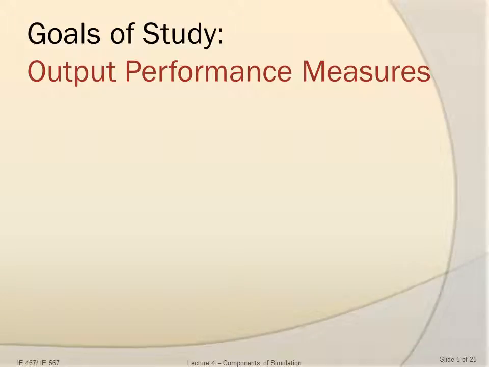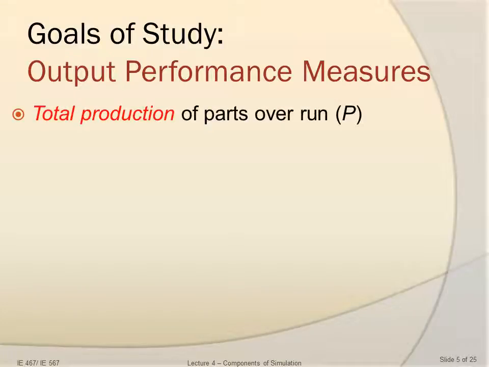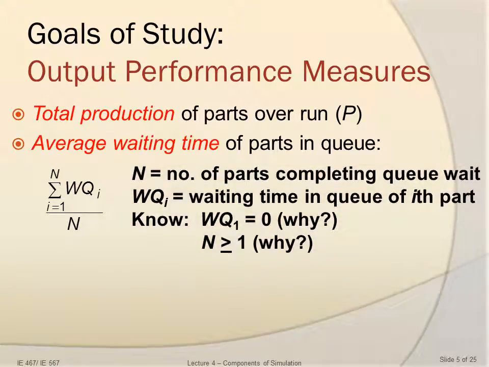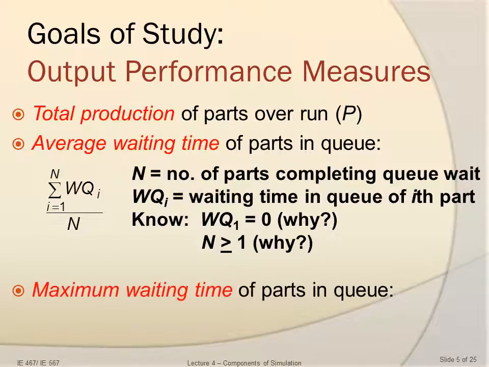So the goal of our study is to better understand output performance measures. Here in our study, the output performance measures are total production of parts overrun, denoted by P. Then we also have an average waiting time of parts in the queue, and it is computed using this formula, where capital N is the number of parts completing the queue waiting, and variables WQi are waiting times in queue of ith part.